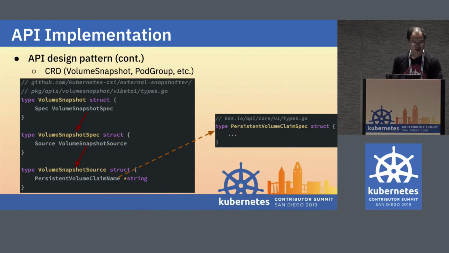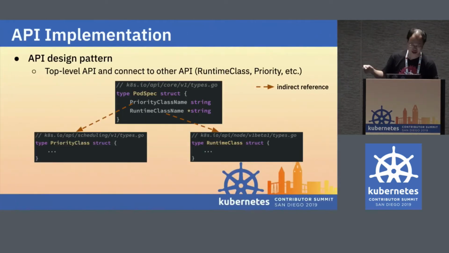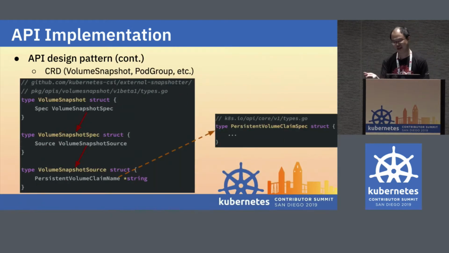And something interesting here is that, as I think Russ mentioned in the last session, sometimes an API comes in as an alpha feature using a CRD, but later it can transfer to the first pattern, the indirect pattern. For example, RuntimeClass: in the alpha phase, it's a CRD, and in the beta phase, it transfers to the core API. Okay, this is the third pattern.